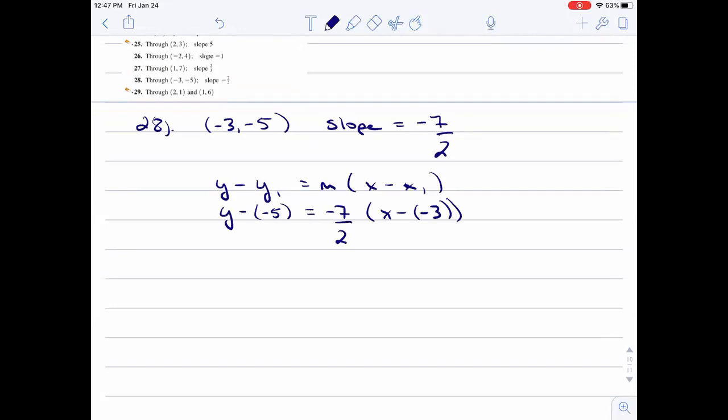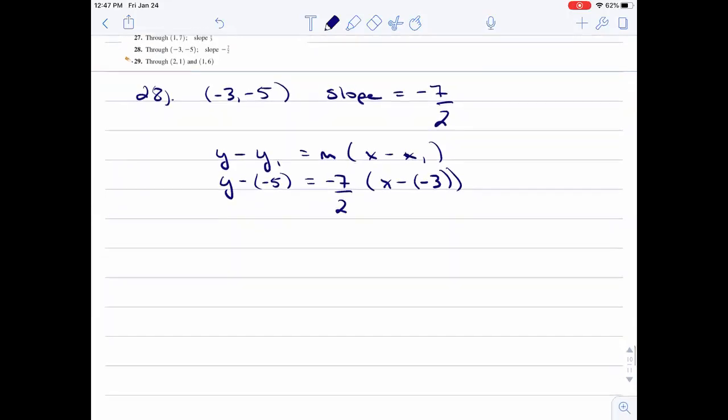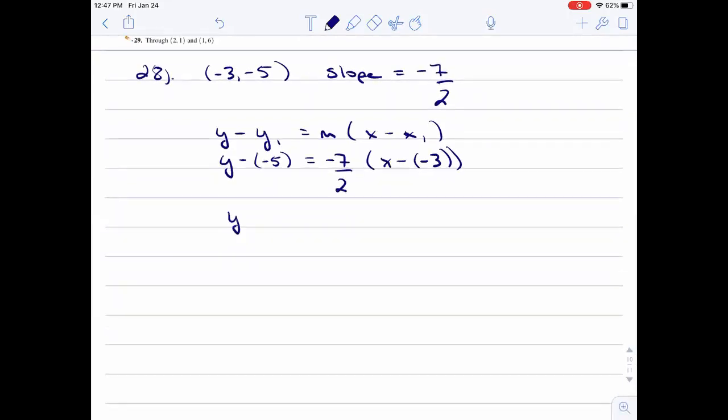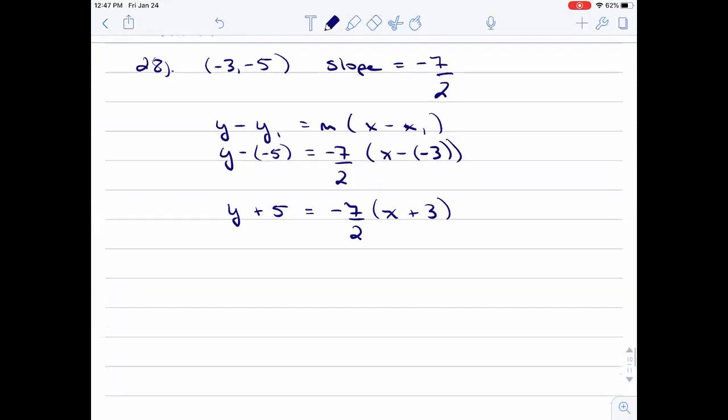Keeping track of your negatives. We get y plus 5 is -7/2 times x plus 3. I can expand this in, right?